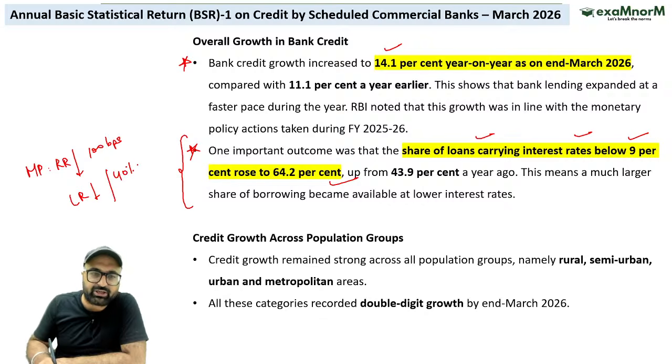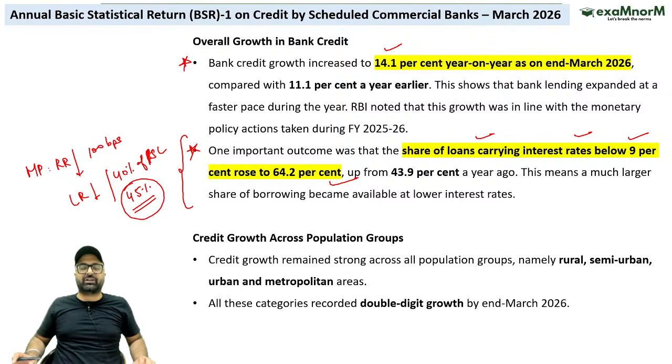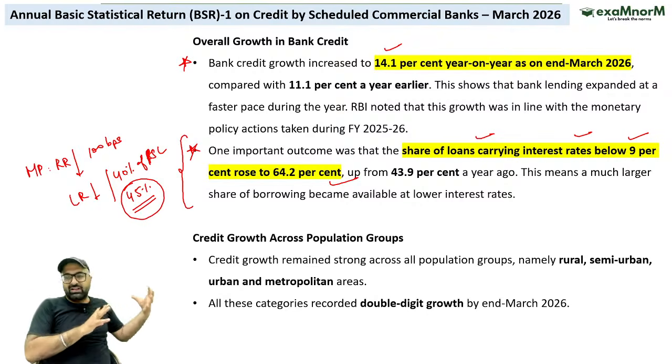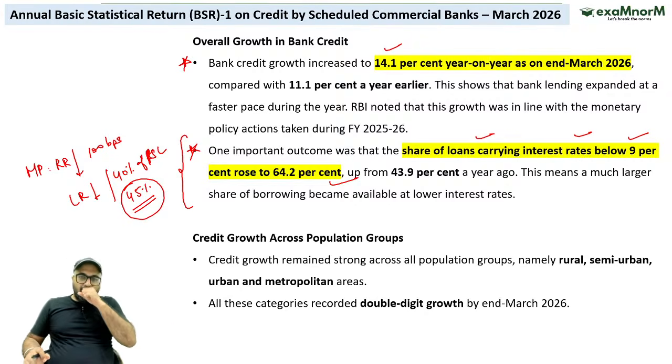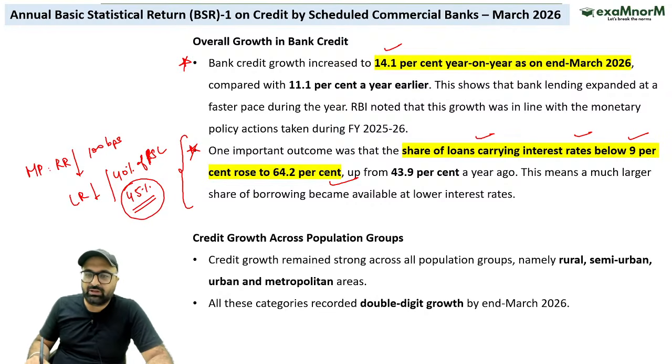Along with that, 40% of priority sector lending targets have been collectively achieved at 45%. तो obvious है कि sir 45% of the loan is obviously below 9%, और उसके अलावा बाकी लोन भी दिया गया, जिसकी वजह से overall loan with less than 9% has witnessed a growth, जिसकी वजह से out of the total loan, 64.2% of loan is witnessing a lending rate below 9%.